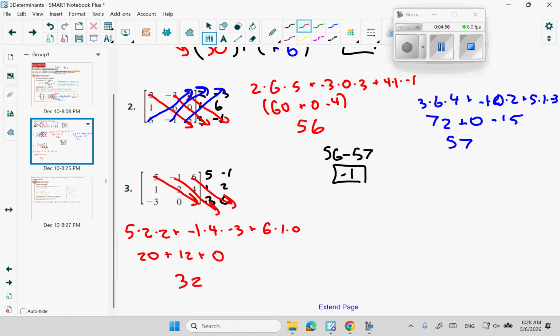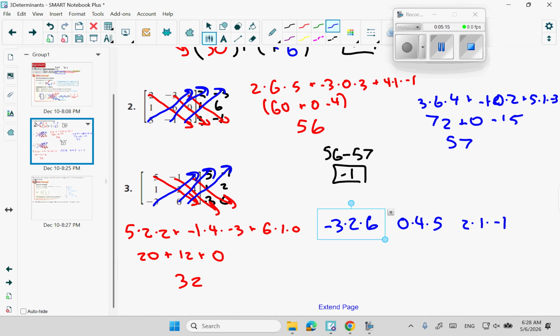Now the other way, we get negative 3 times 2 times 6, 0 times 4 times 5, and 2 times 1 times negative 1.